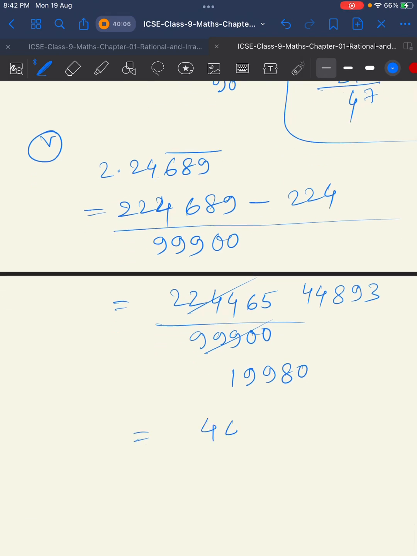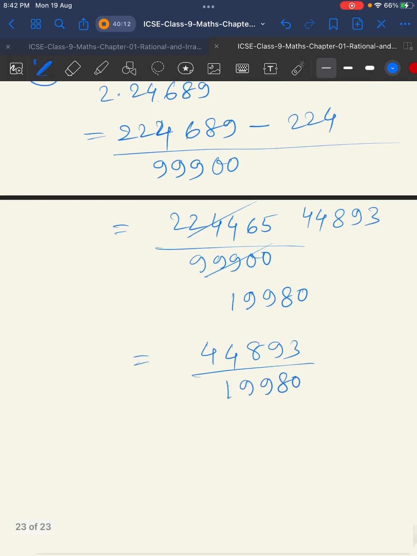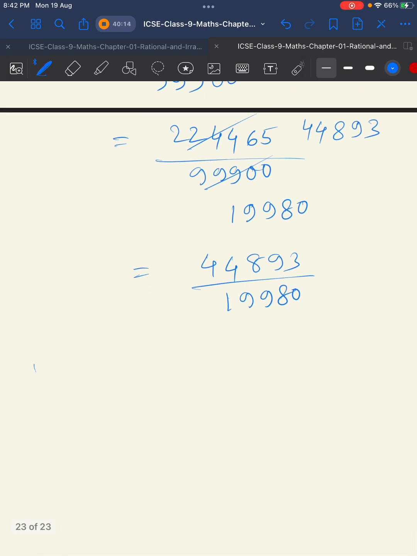So the rational number is 44893 by 19980. Okay, now question number 6.